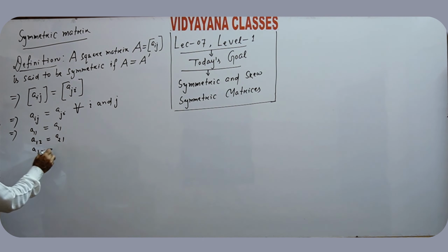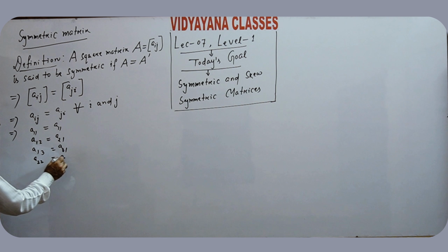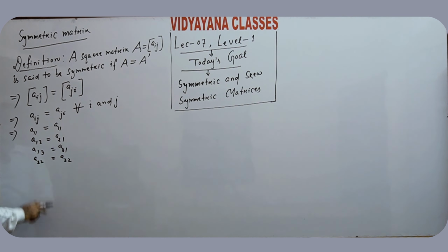A13 is same as A31. A22 is same as A22, i is equal to 2, j is equal to 2. A23 is same as A32, i is equal to 2, j is equal to 3, and j is equal to 3, i is equal to 2.